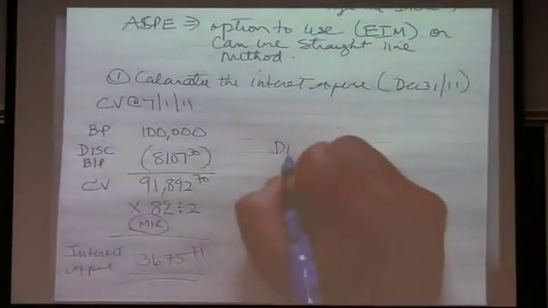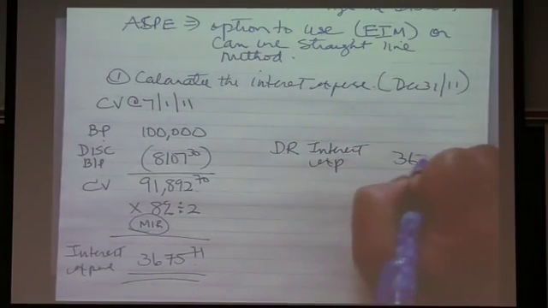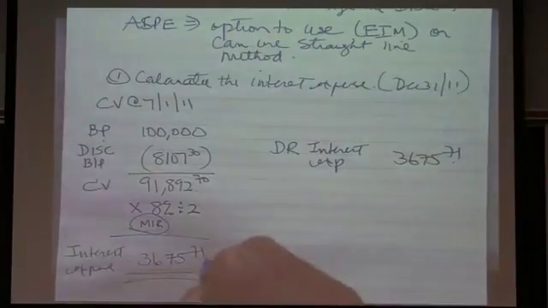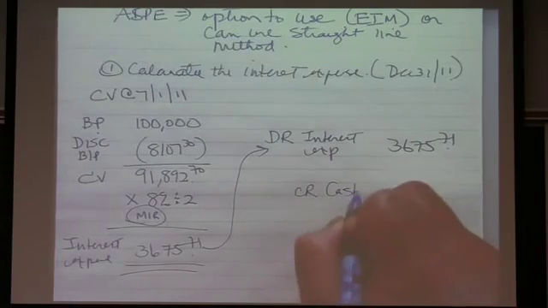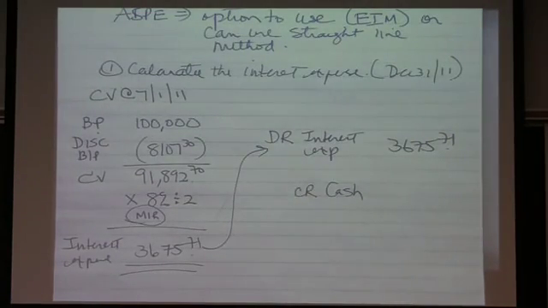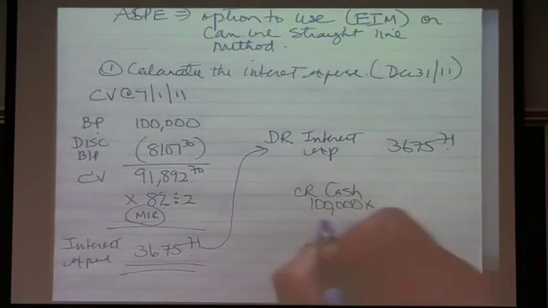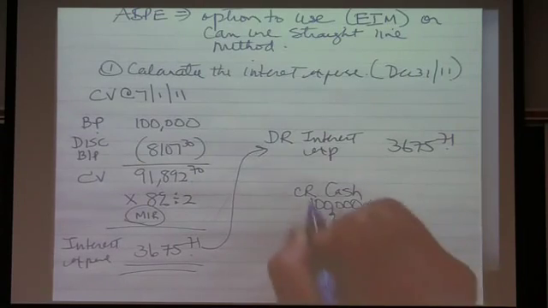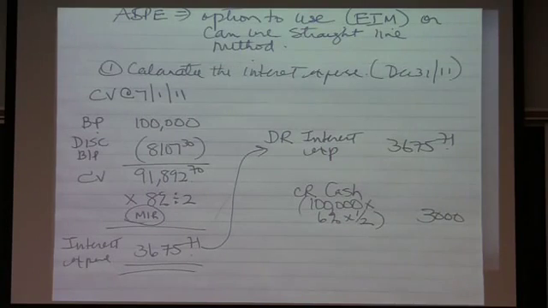So we're going to debit interest expense for $3,675.71, which is the calculated amount. We always credit cash because that's the payment. And that payment is the stated rate, the 100,000 times 6% times 1/2. So that's $3,000. And you can see the entry doesn't balance. And the reason why it doesn't balance is because we need to record the amortization of this bond discount.